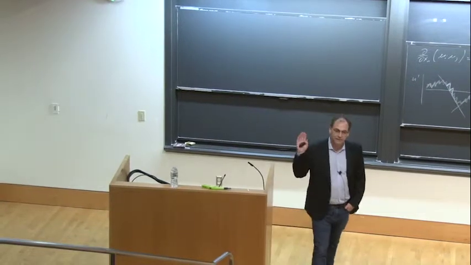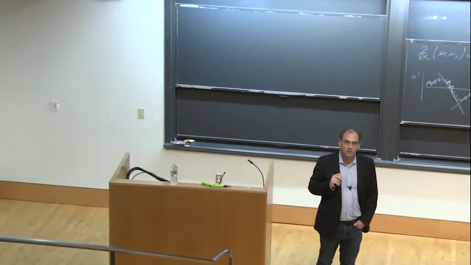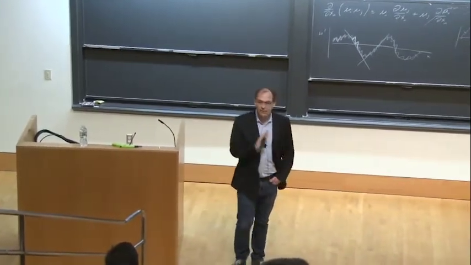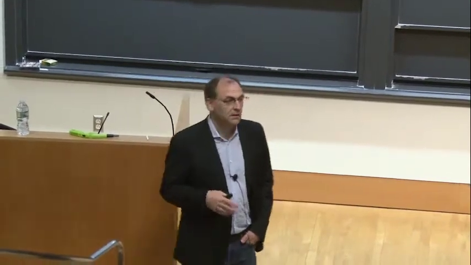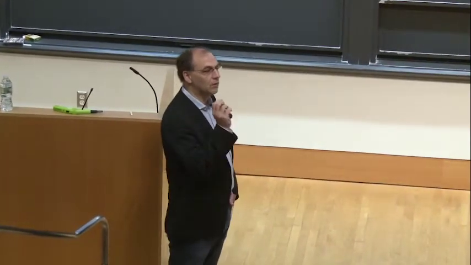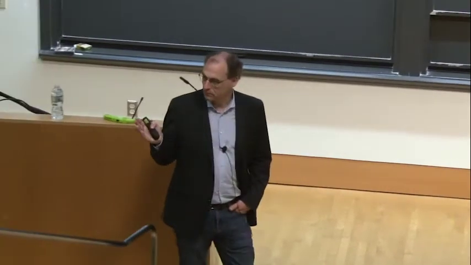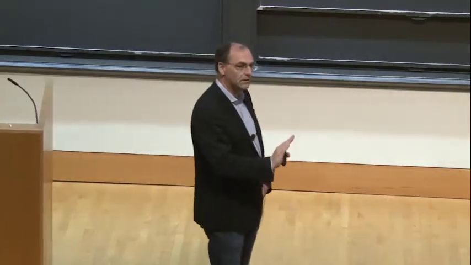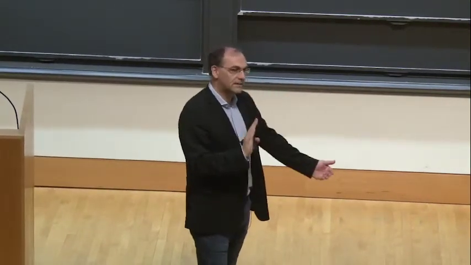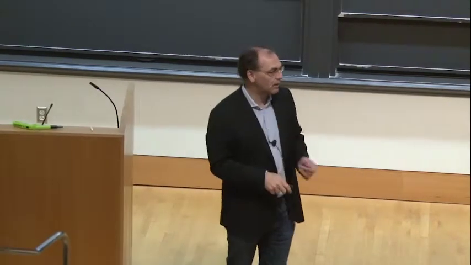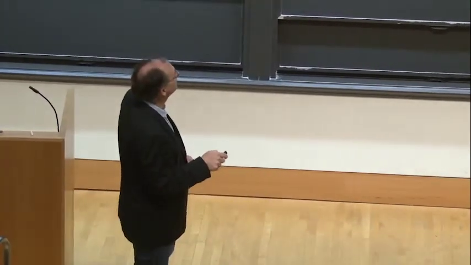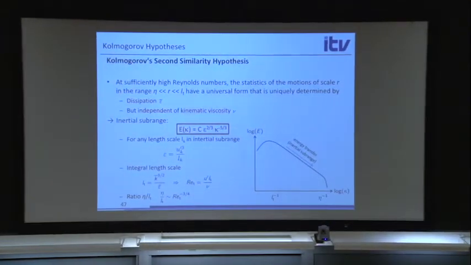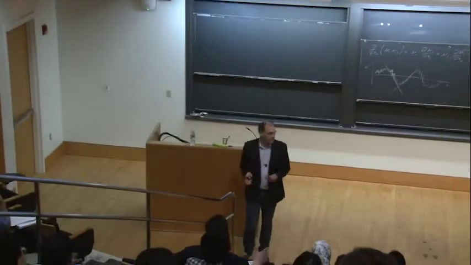So this is the ingenious part. He says if we look at scales that are small enough, then they must be independent of the large scales. They are universal, and they only depend on epsilon and nu. That's what we had earlier. But now it says, if we stick in this limit, but at the same time, we look at scales that are much, much larger than the smallest scales, then they must also be independent of viscosity, because viscosity is only important at the smallest scales.